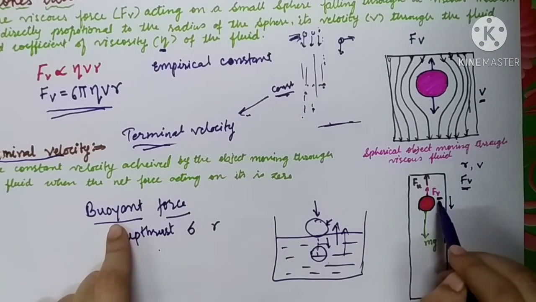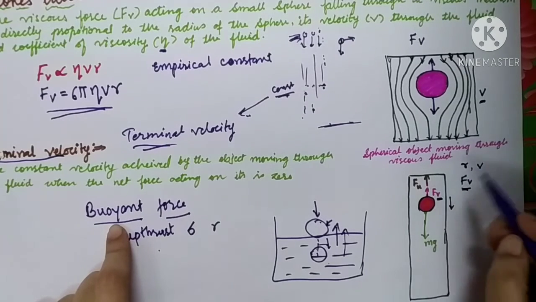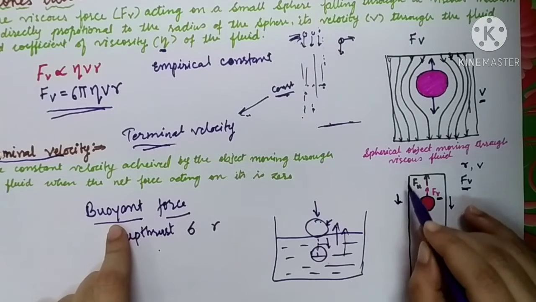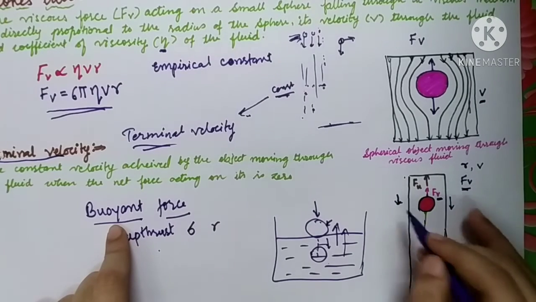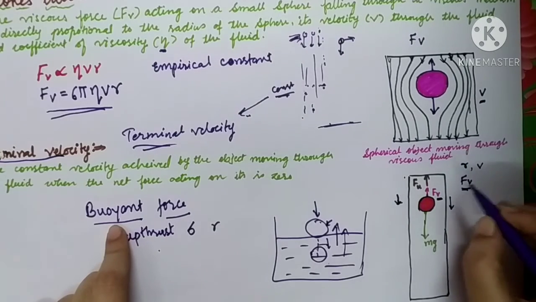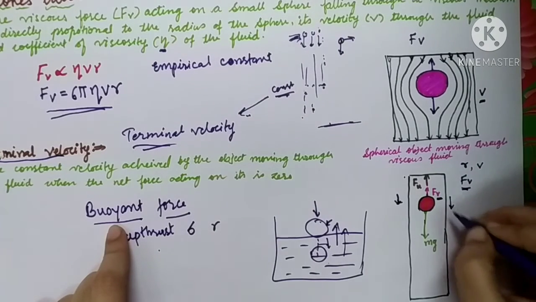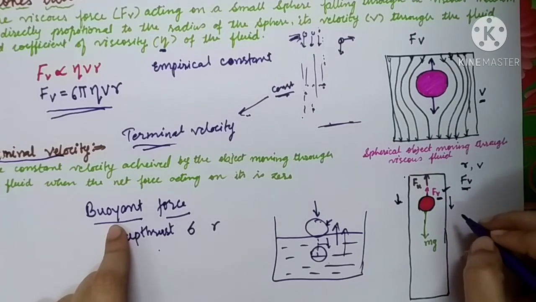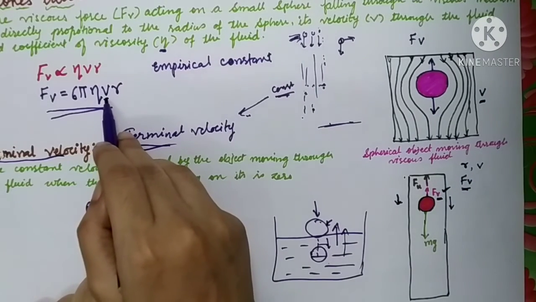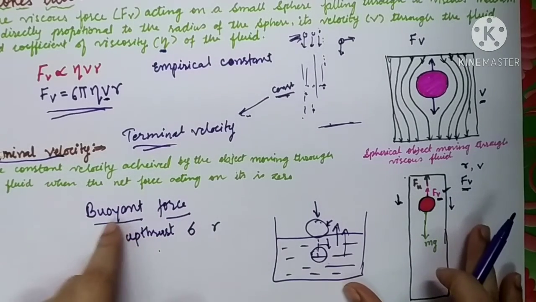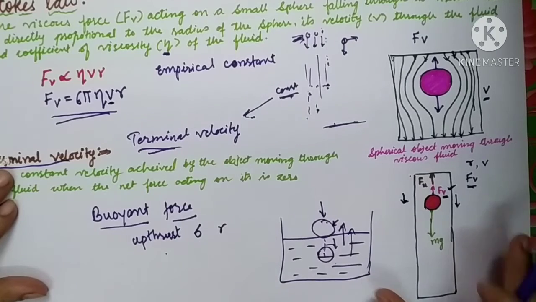And remember that this viscous dragging force, as initially when this object is falling from this height, its velocity goes on increasing. So as the velocity goes on increasing, the viscous dragging force also goes on increasing, as it is directly proportional to the velocity. So let us calculate the net force acting on this object.